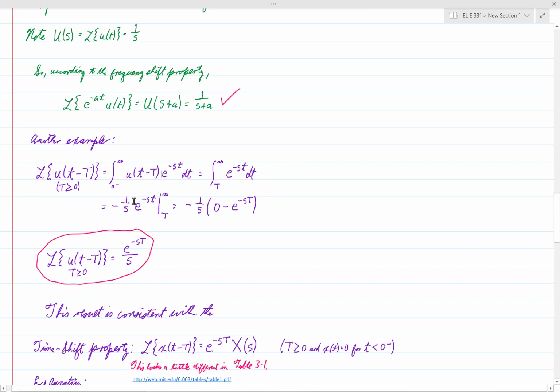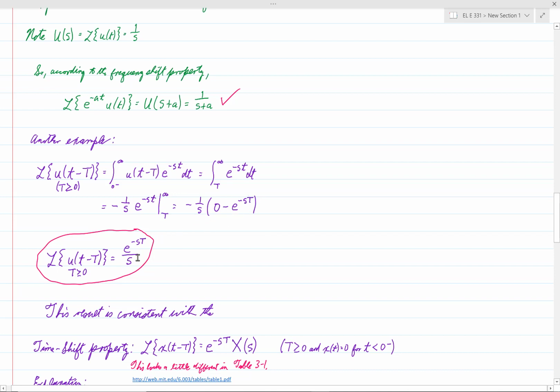We've integrated this function before, it's just that we have different limits this time. And so we get minus 1 over s times at the upper limit we get 0. But now at the lower limit, since we no longer have 0, but instead we have capital T, we no longer get 1. Instead we get e to the minus s times capital T.